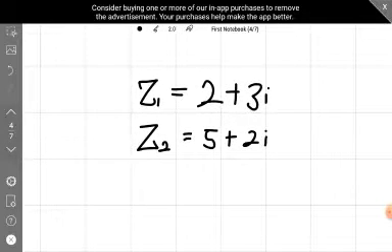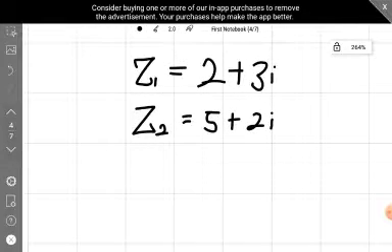Now, to add these complex numbers, what we have to do is add the imaginary part separately and the real part separately.